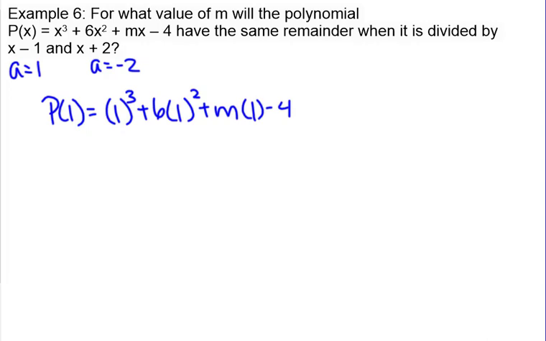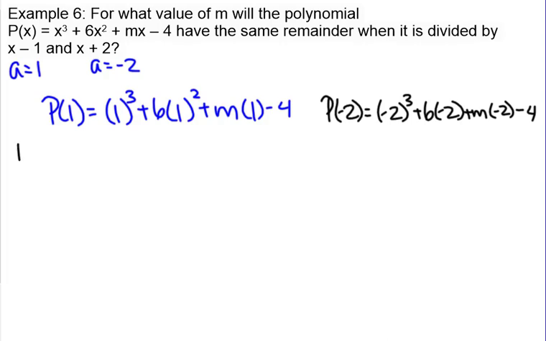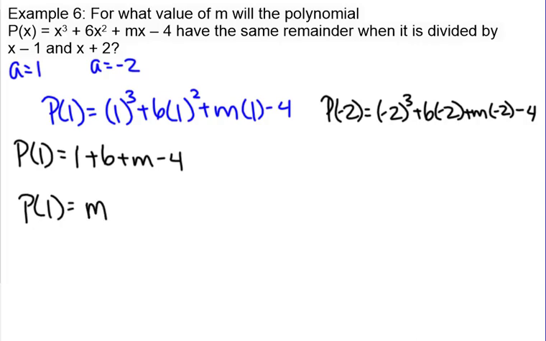We also have the equation when we have a -2. So p of -2, I'm going to squish this in. -2 cubed plus 6 times -2 squared plus m times -2 subtract 4. If we simplify those, we get p of 1 is equal to 1 plus 6 plus m subtract 4, which is m plus 3.